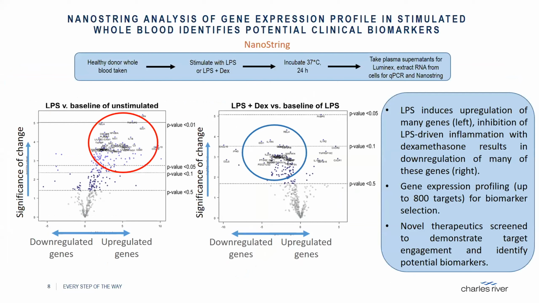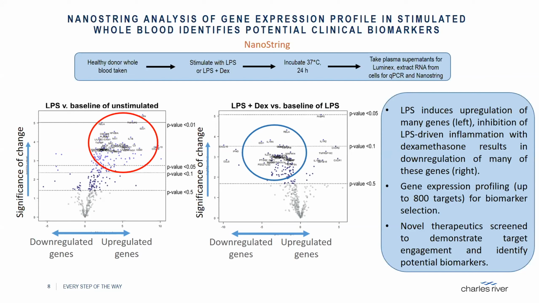So in this example, what we've done is we've taken whole blood and we've stimulated with LPS, which is a well-known stimulus of the innate immune response through toll-like receptors. And we've stimulated in the presence or absence of dexamethasone, which is very topical because it splashed all across the national news in the UK yesterday as being a cheap steroid anti-inflammatory, which has been shown to be suitable for use in severely ill COVID patients.